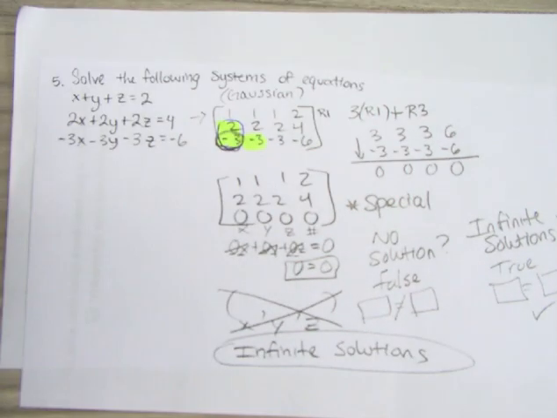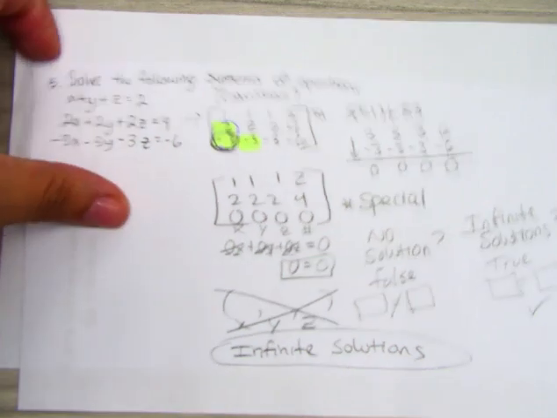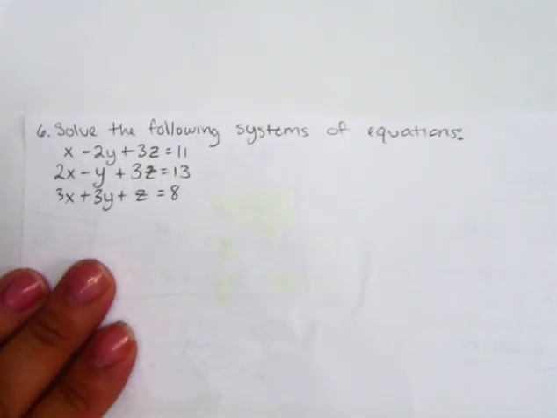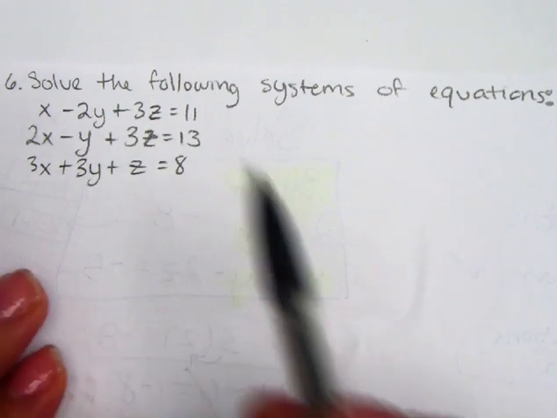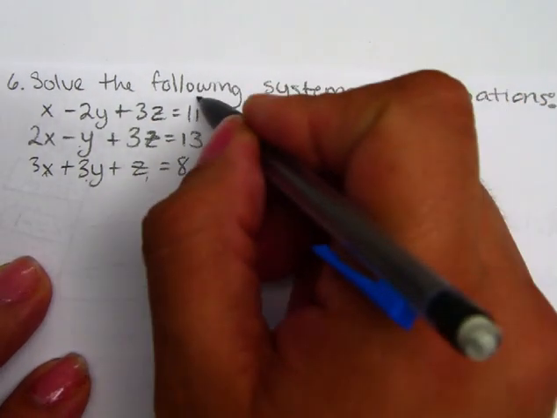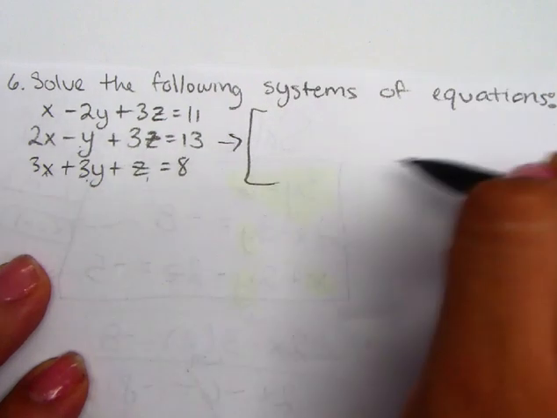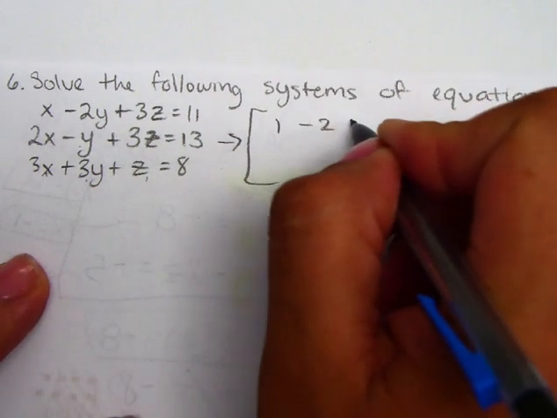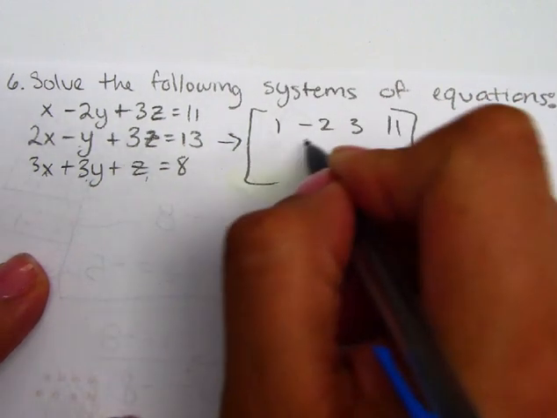Okay, so now I'm going to continue with number 6 and start the same way. So I analyze my system and XYZ, XYZ, XYZ are in all 3. So I'm going to go ahead and approach this with the Gaussian elimination method. So write all the numbers.